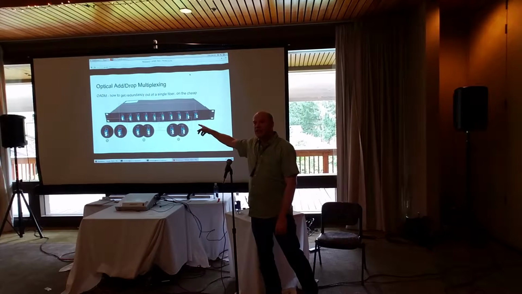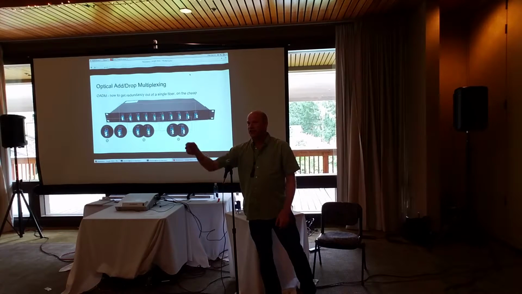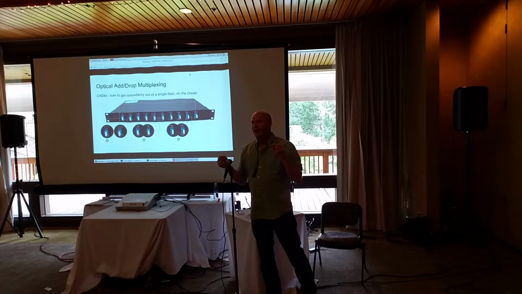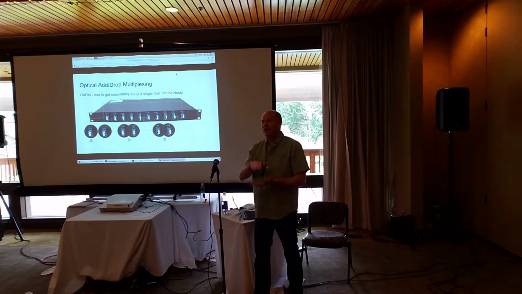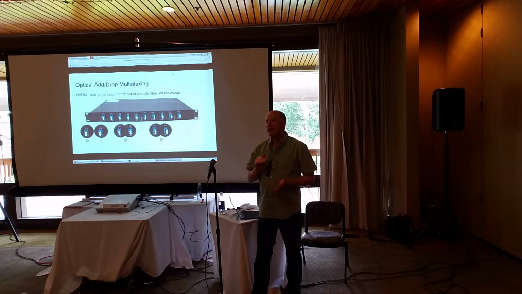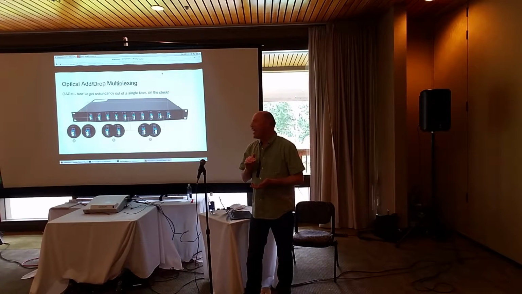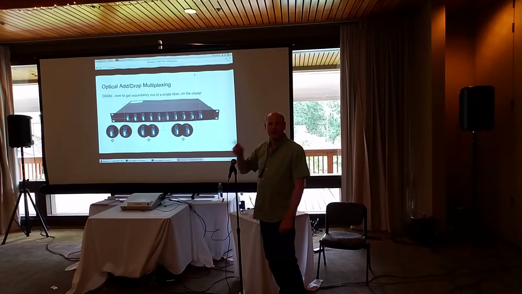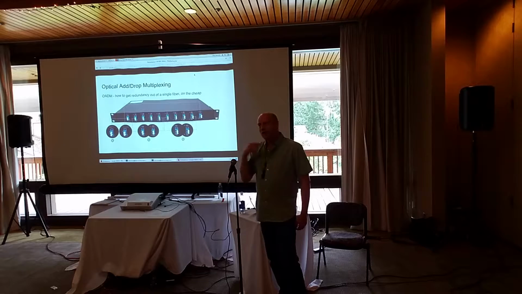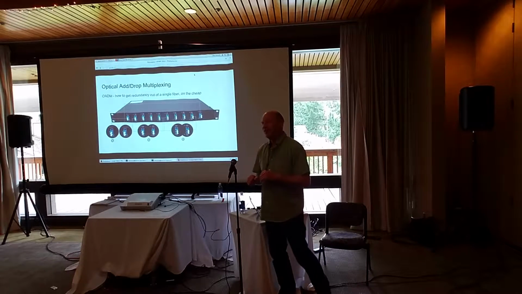With these, you're injecting lasers at random places around the ring. So at every hop, every channel is going to be at a different power level by default. If you get it too far out of whack, it makes a mess. So while this is really cool and really cheap, it is also really different. And you have to go figure out what you're doing before you go large scale on it.